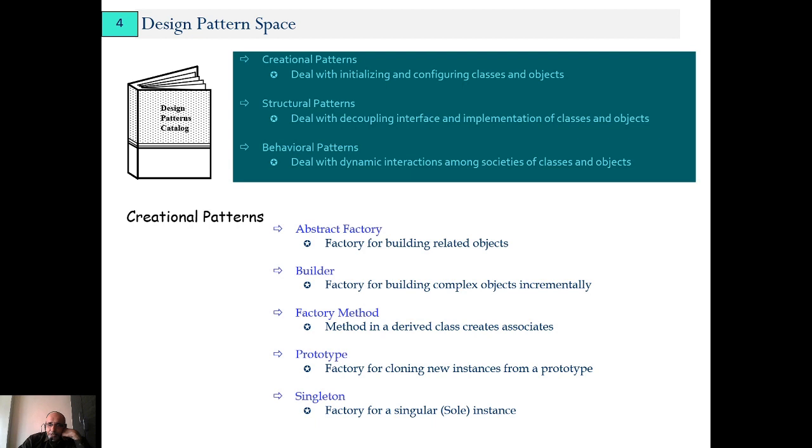Factory method specifically highlights the methods. Prototype is cloning new instances. That is, it's not duplicating, it's cloning, having a copy and working on that. Singleton is the sole instance. We are not using this particular kind of pattern, singleton, as much as possible.